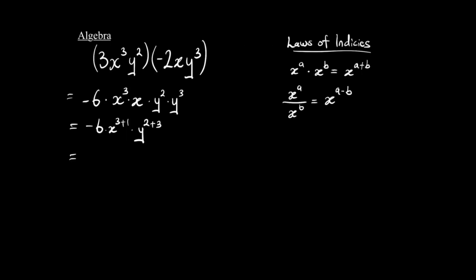And then we have negative 6. 3 plus 1 is 4, and 2 plus 3 is 5. So that is the solution to the second problem. Negative 6 x to the 4th multiplied by y to the 5th.